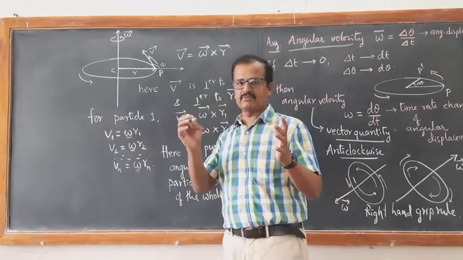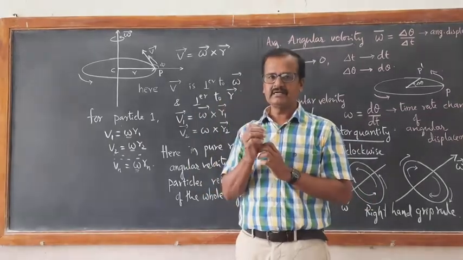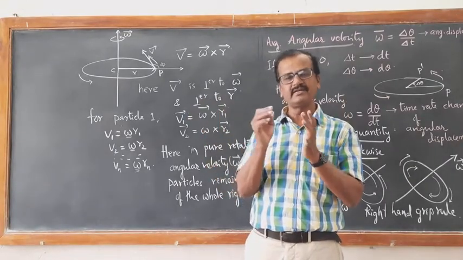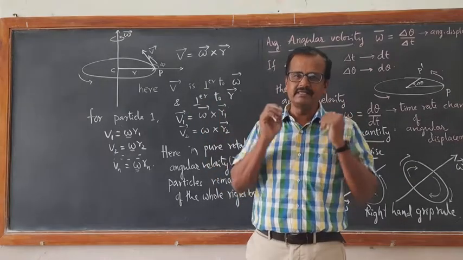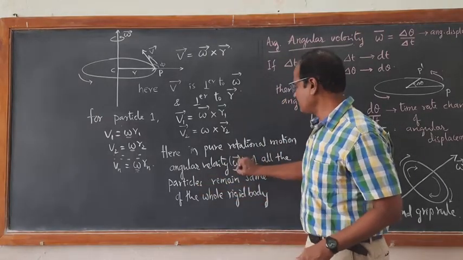As the distance from the axis of rotation increases, their linear velocity increases. As the distance from the axis of rotation decreases, their linear velocity decreases. What remains the same? The angular velocity omega remains the same.